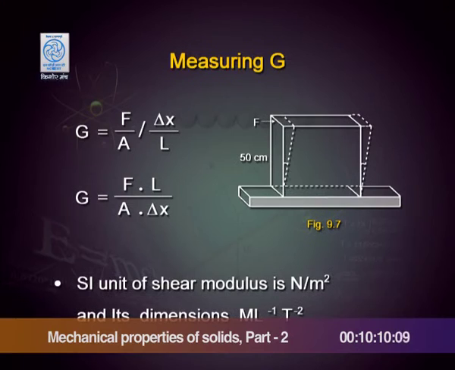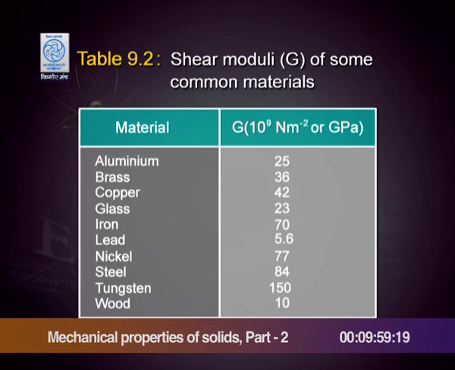So, you have seen you can find the value for G in the lab for some objects which are not so rigid, and its value is given in terms of Newton per meter square. Its dimensional formula remains M L^-1 T^-2. Looking at this chart, you will see that for most of the materials, this value of G is almost 1/3 the value for Young's modulus.